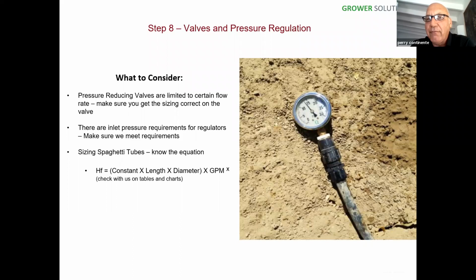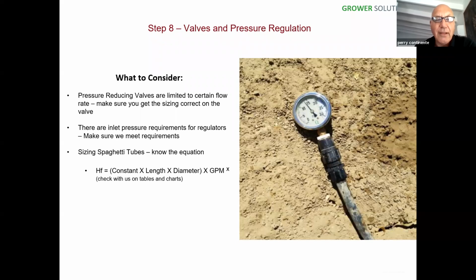There are valid reasons to put pressure regulation in front of that, but don't do it unless you have to, because there's a loss in pressure and efficiency essentially every time you do something like that. So use pressure regulating valves when it's appropriate. And of course there are different strategies, whether you're using inline pressure regulators, and there's also a loss with those, and there's a cost of uniformity with those as well.